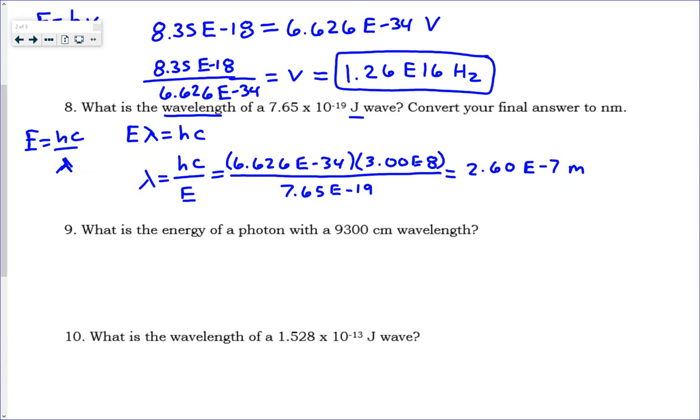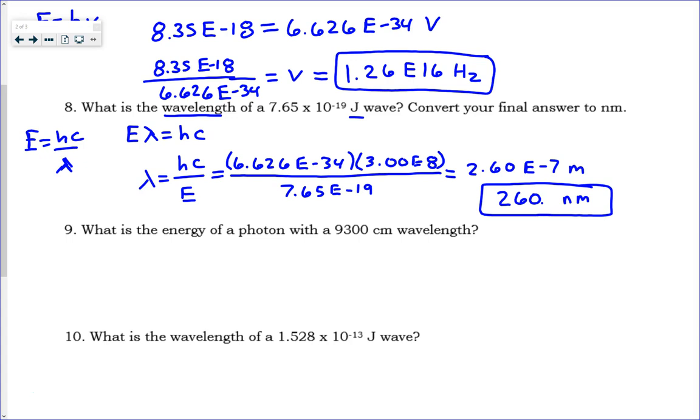Our exponent is going to go up by 9, and so what we end up with is 2.60 times 10 squared, or just 260. So this is 260 nanometers. The last thing is we want this to have 3 significant figures, because all of our numbers had 3, so 260. nanometers is what we've got there.